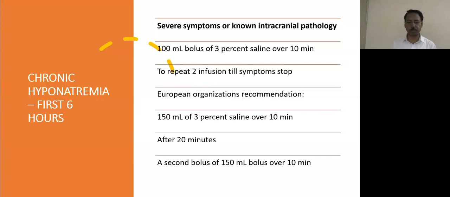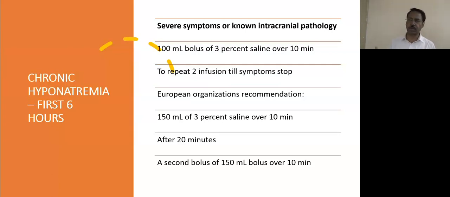There's also an alternative recommendation by the European organizations of giving 150 ml of 3% over 10 minutes, and you can repeat a second bolus after 20 minutes. The other one is 100, 100, 100. This is 150, 150 spread out over 20 minutes.